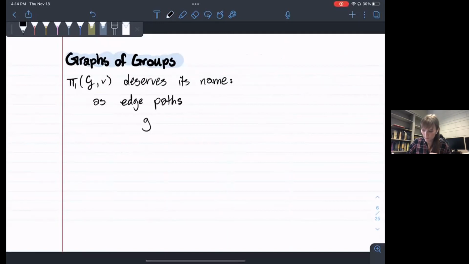You start with a vertex group element, then you take an edge of the graph, then another vertex group element, and then another edge of the graph, and so on, all the way up through, I guess I started with G naught, so I'll finish with G_{k-1}, E_k, G_k.